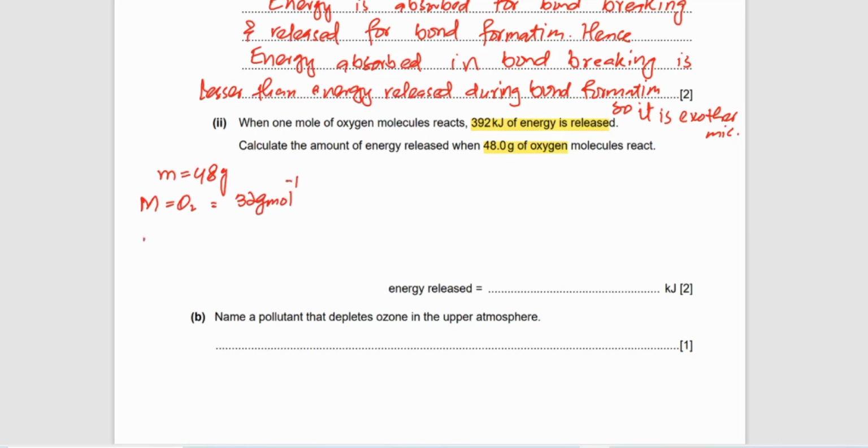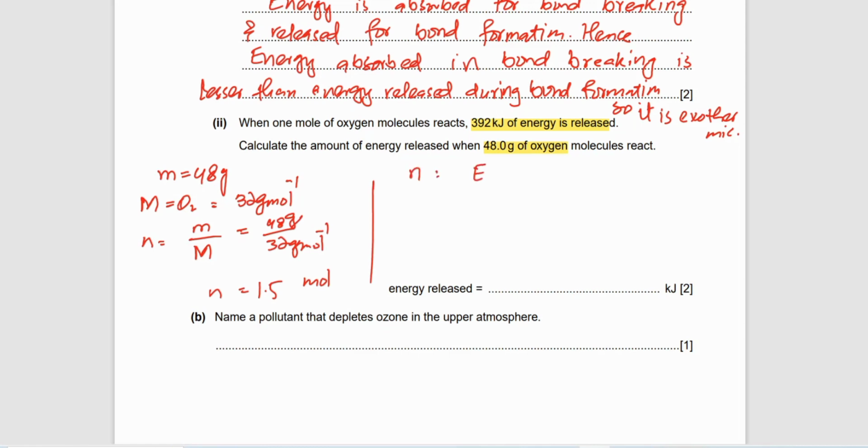So here we use number of moles, n, equal to given mass over molar mass. So here we have 48 over 32 gram per mole. You know that gram is cancelled with gram and per mole will become mole, and 1.5 moles is equal to number of moles. So we can take the ratio method over here, number of moles and the energy.